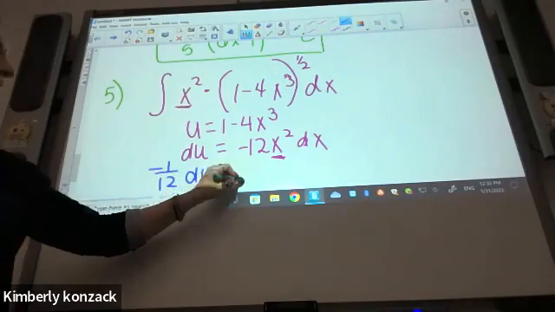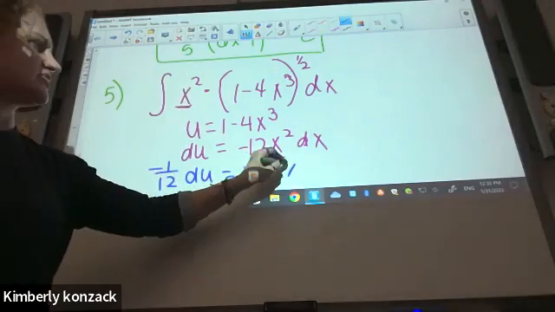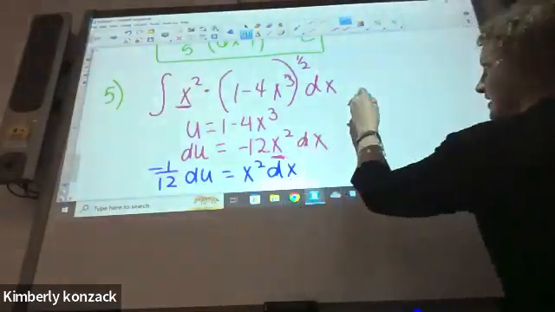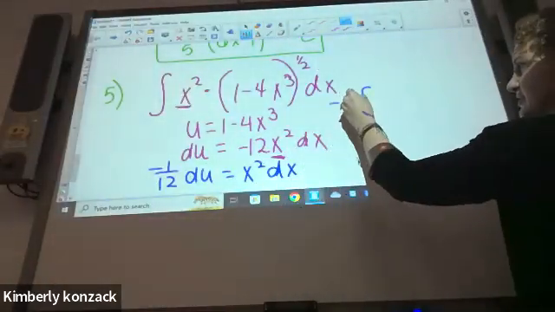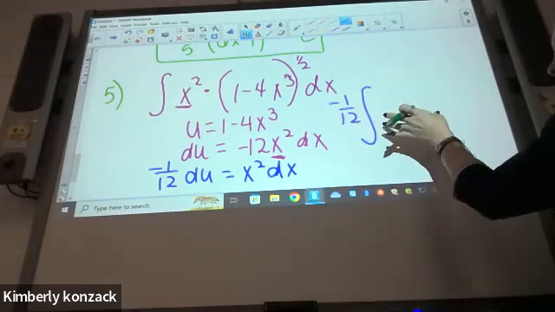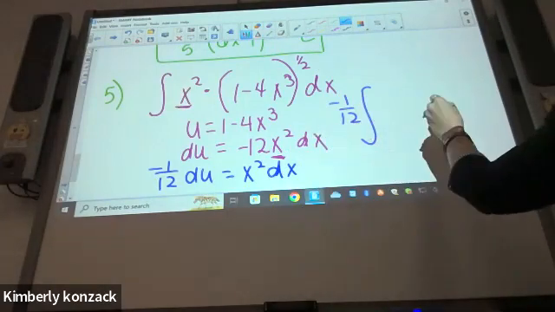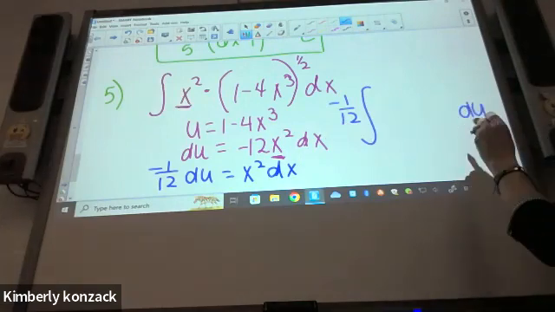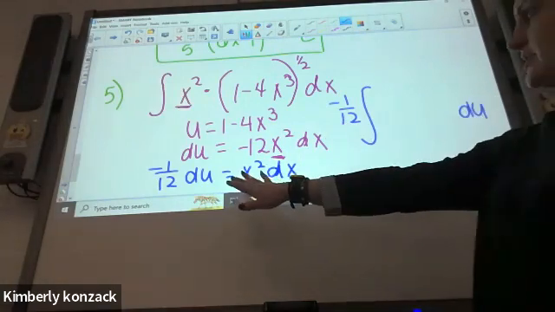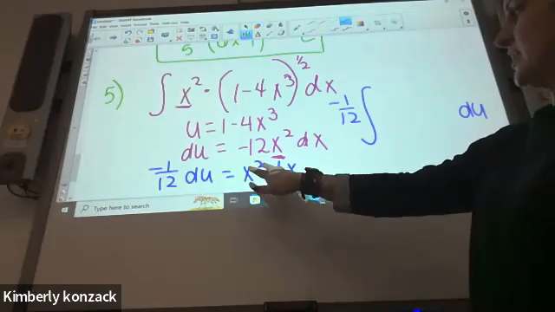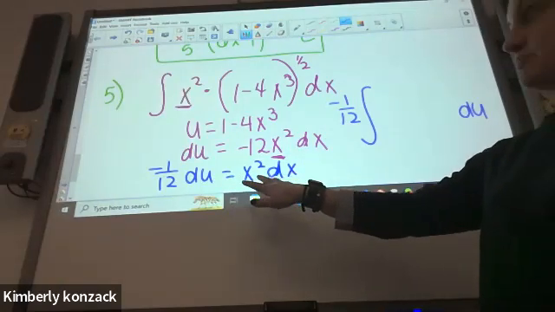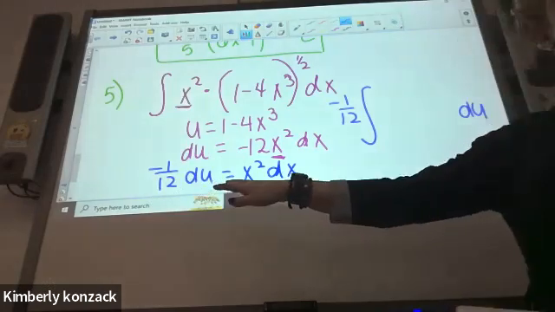Oh, you leave it in, that's fine. You take it out, okay. Again, everyone has their own way of doing this. I just like it to be out there, so this becomes minimal for me. So then x squared dx is du. Okay, sorry. So, x squared dx gets replaced by -1/12 du.